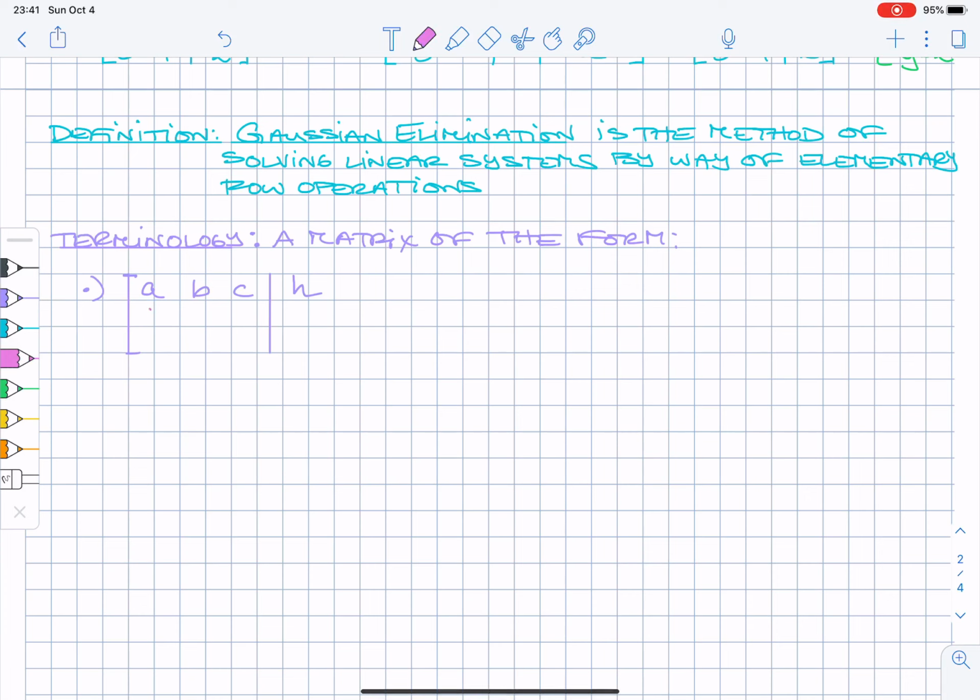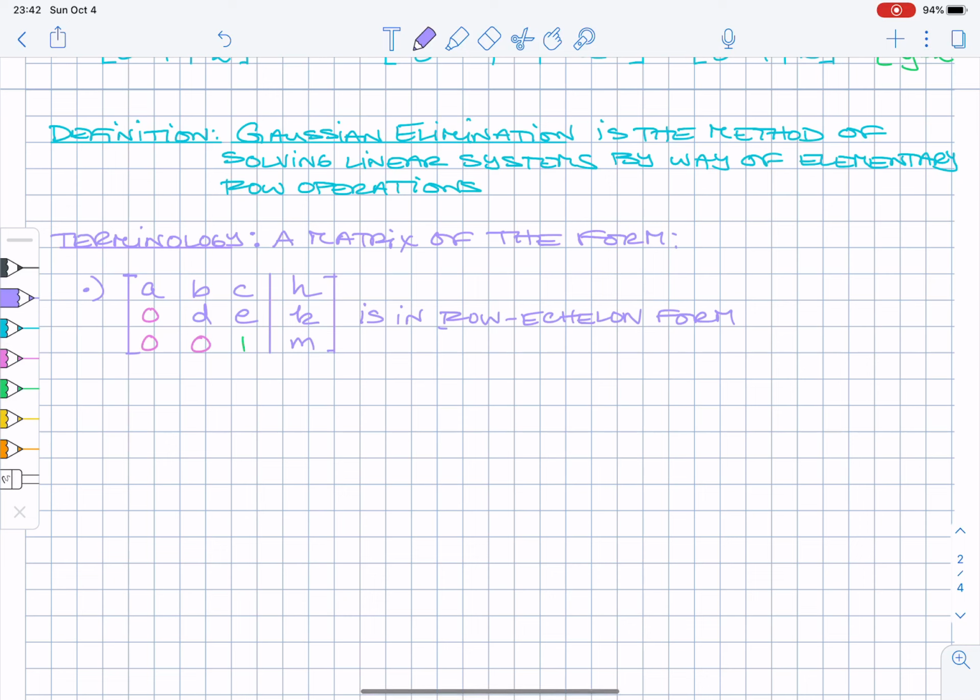Then 0, 0, and D, E, K, then 0, 1, and M. So if you have this form, this is in row echelon form.